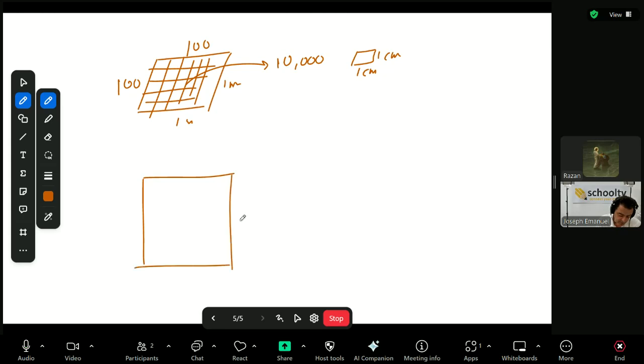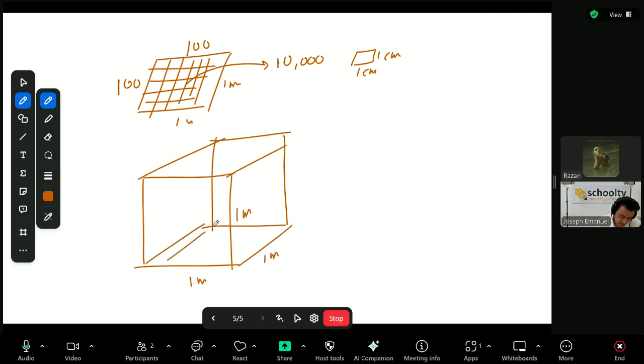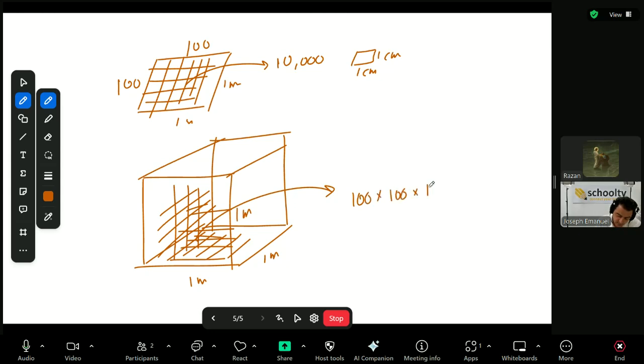And the cube of 1 meter by 1 meter by 1 meter, if you cut it like this, you will have inside 100 centimeters multiplied by 100 centimeters multiplied by 100 centimeters. You have 6 zeros here, if I'm not mistaken.